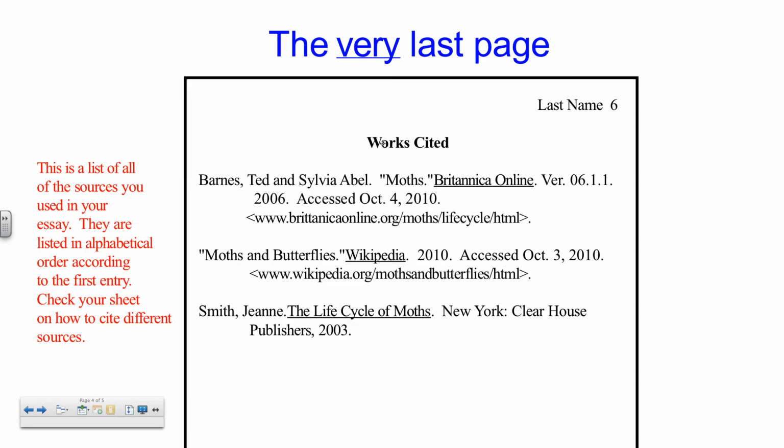Again, you can bold that, underline it, italicize it, but you can't make that really much different than any other title. I'm going to show you exactly how to do all the specifics of this in another online tutorial. But this is how your works cited page is going to look physically.